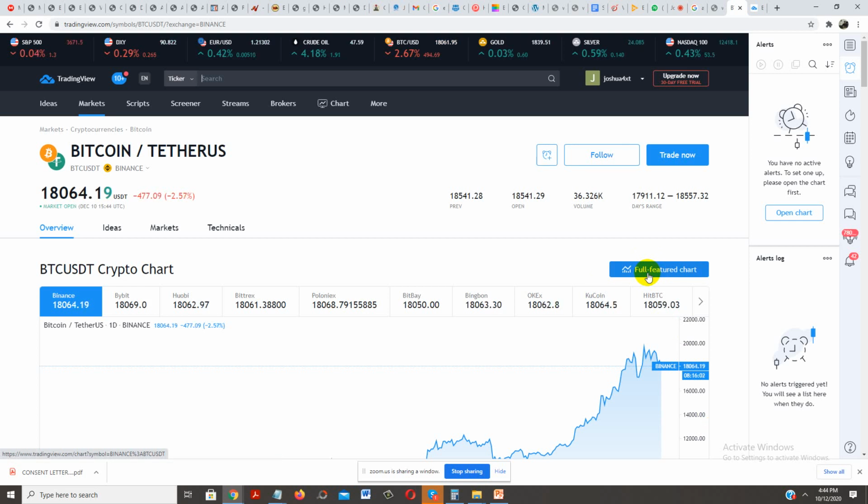Trade now. I don't know where to click it. Under it, you will see full, under that trade now. If you are going down by the right, you will see full featured chart. It is the next thing after those prices. After the line that demarcates that first column, the down part of it, you see full featured chart by the right, just under that trade now.